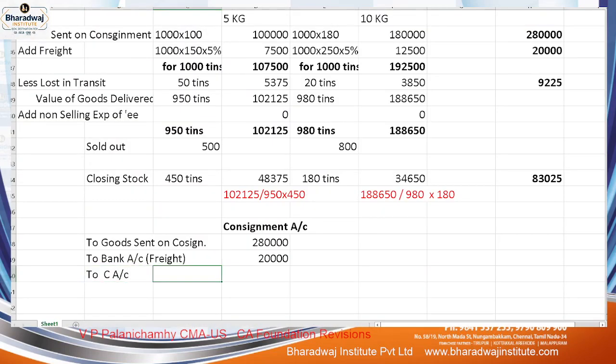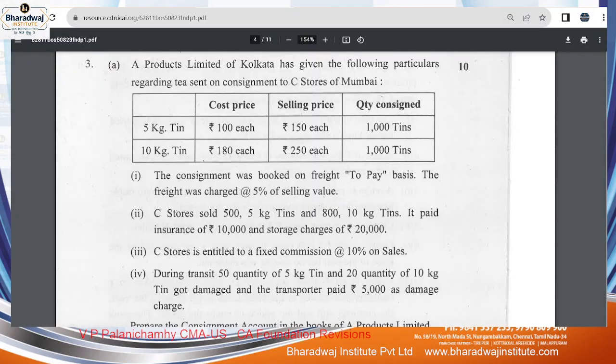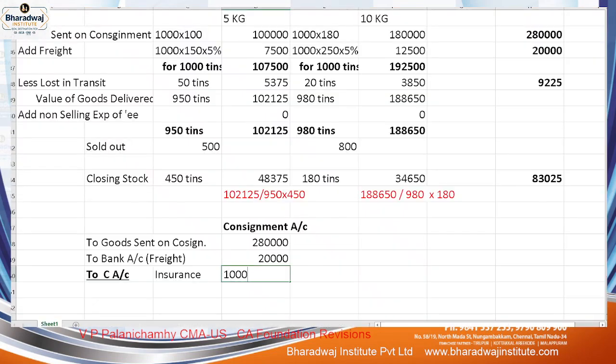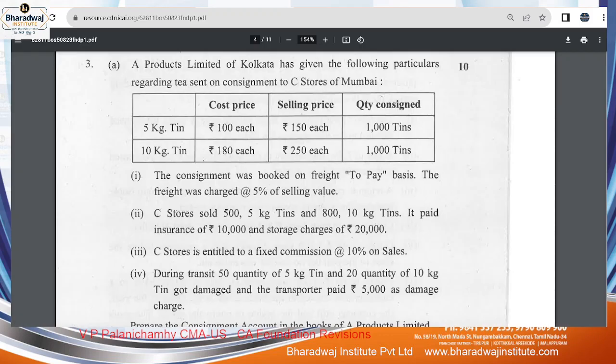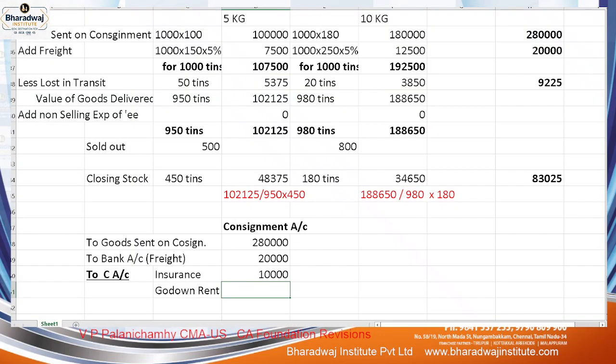C incurs expenses. What are the expenses he's incurring? Insurance how much? Insurance 10,000. Go down rent. Go down rent how much he spends? Go down rent, storage charges 20,000.